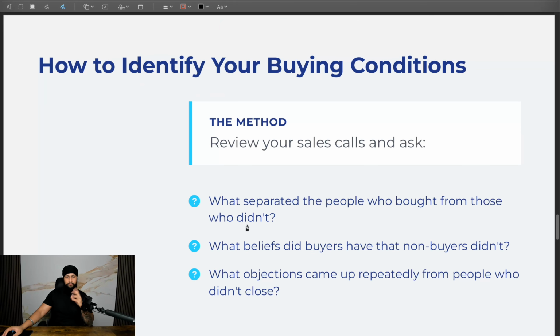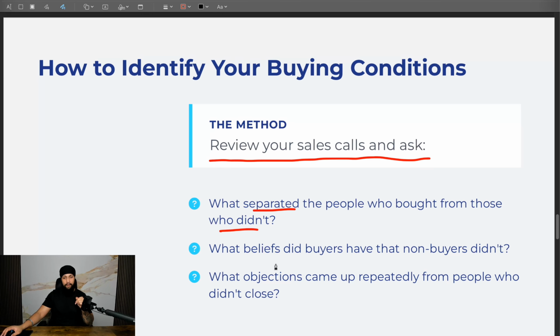Okay, so how do we identify them exactly? We're just going to again review your sales calls and ask these questions. What separated the people who bought from the ones who didn't? Okay, what beliefs did buyers have? So beliefs buyers had that non-buyers didn't. And what objections came up repeatedly from people who didn't close.